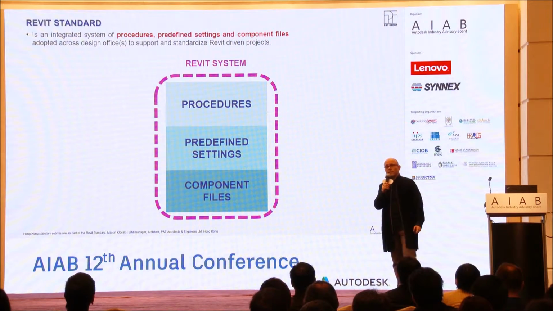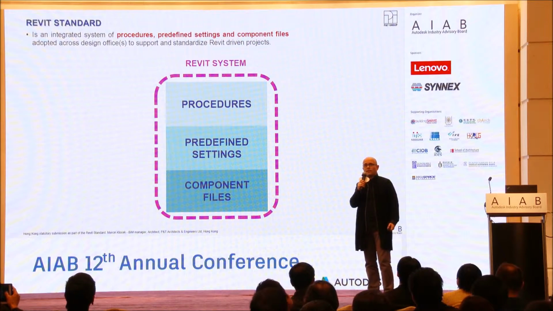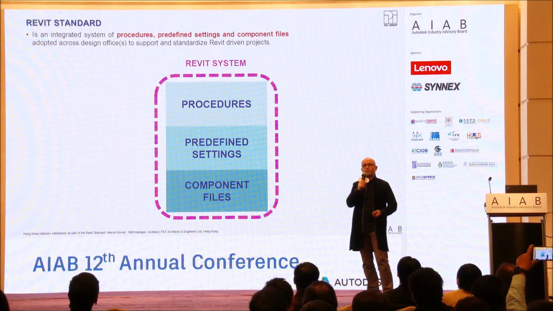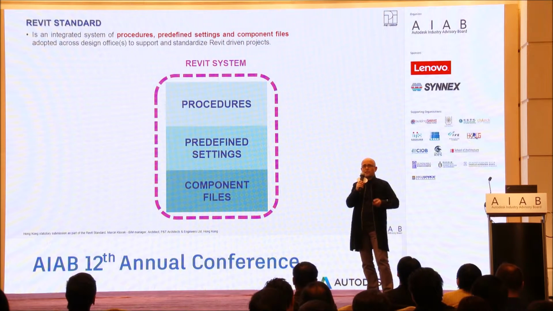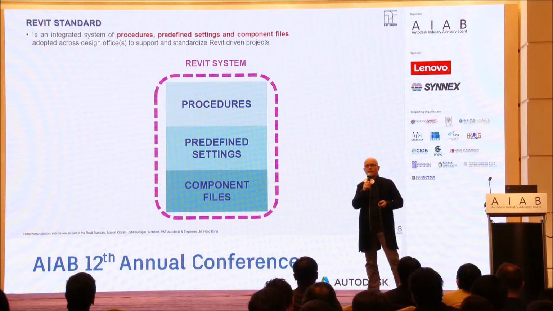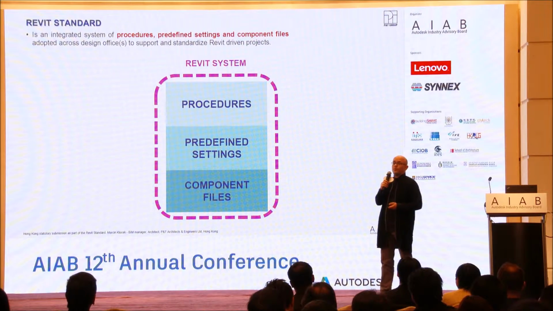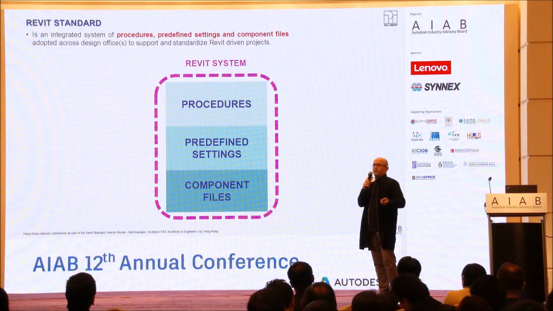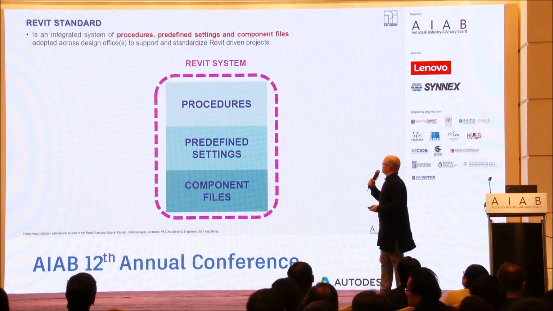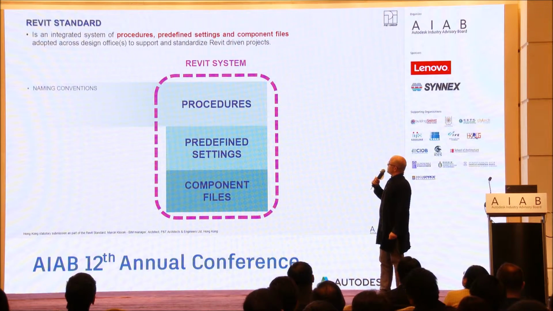I call it a Revit system, a system being something that is created and works, whereas a standard is a system which is adopted for many different projects or across the board within, say, Hong Kong. That would be great. So now what are the procedures?